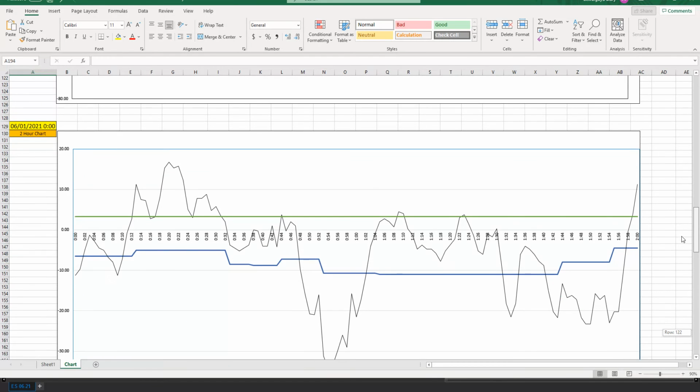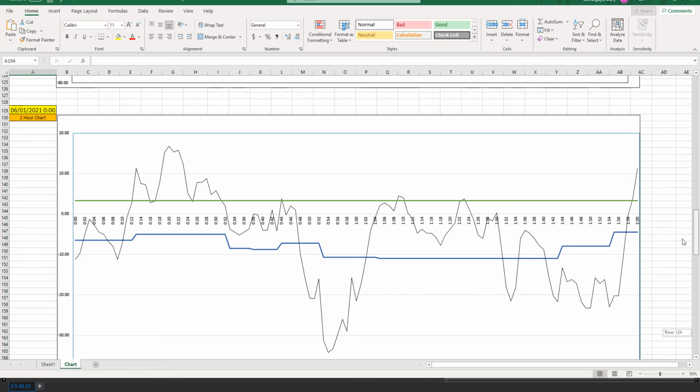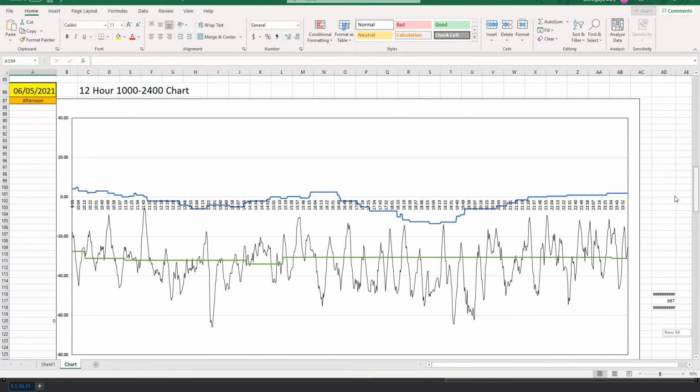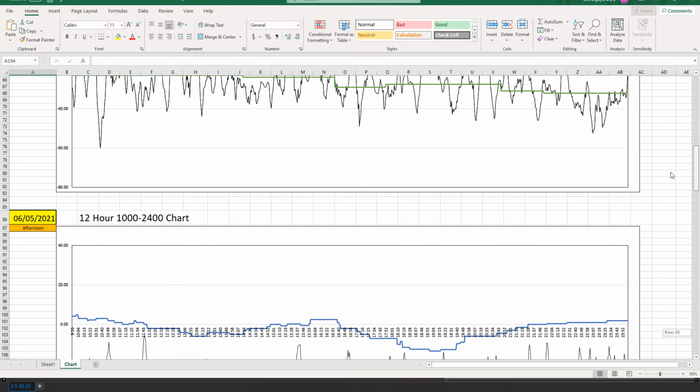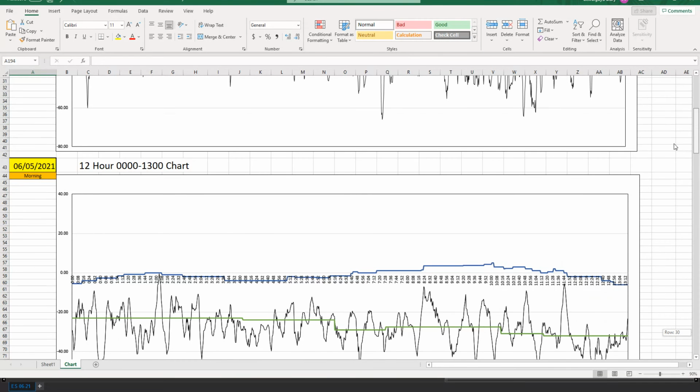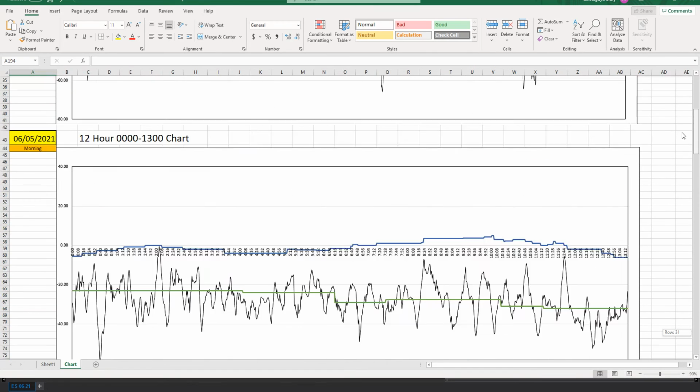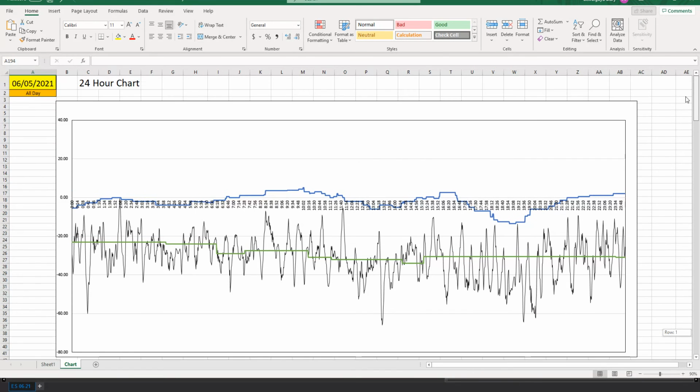When you scroll up again, you can dial in and get a 2 hour chart so you can get a really close look at the intraday activity. Then we have a 12-hour chart, another 12-hour chart, 0 to 1300, and then 10 to 2400, and then the full 24-hour day at the top of the chart.